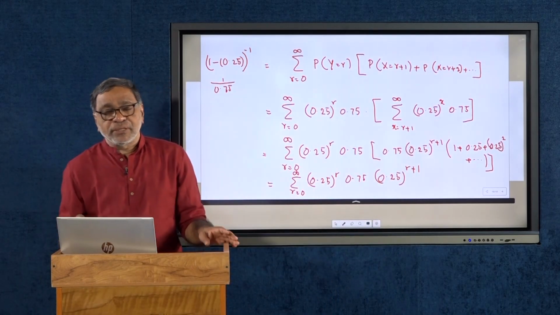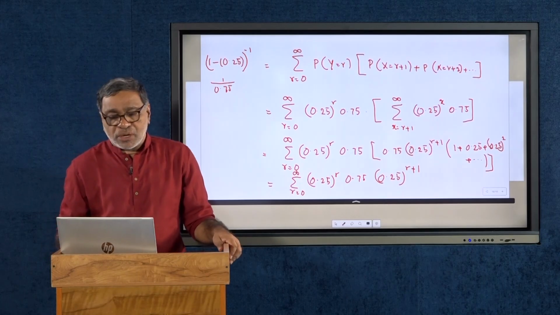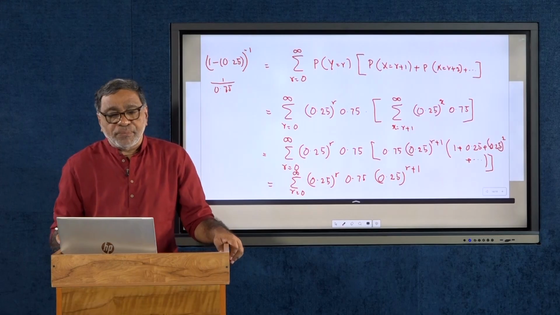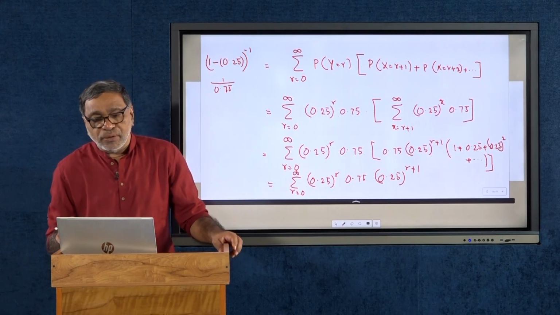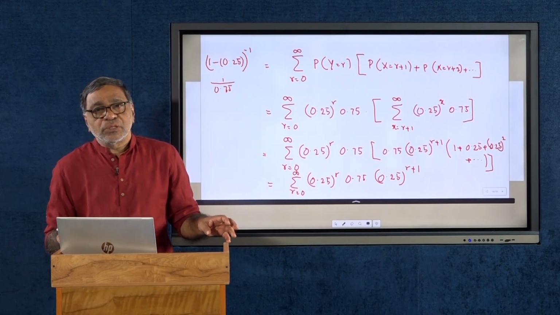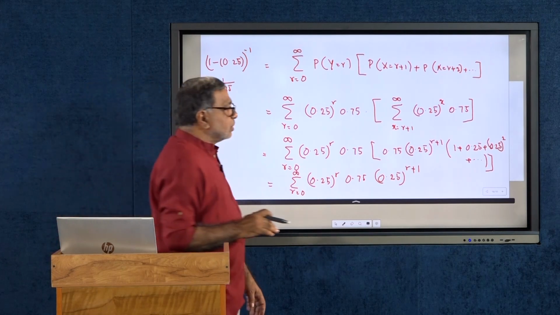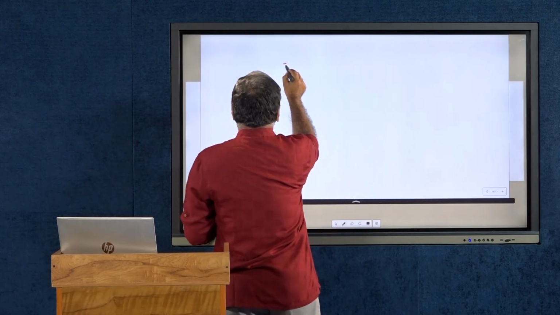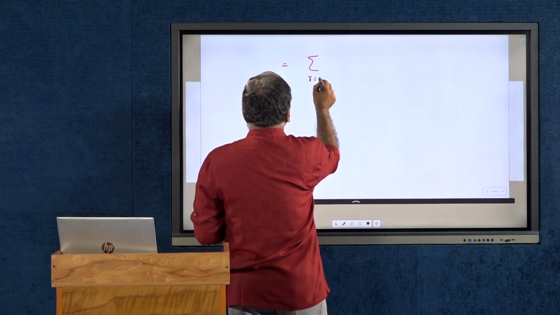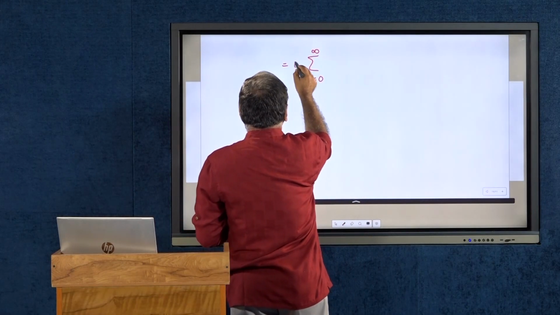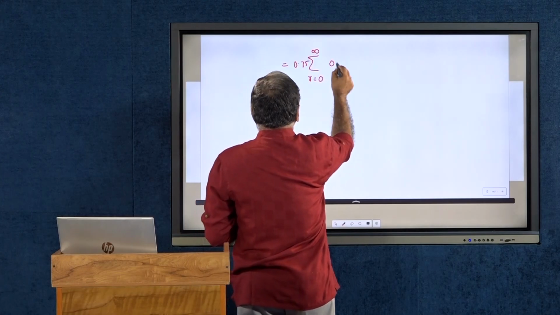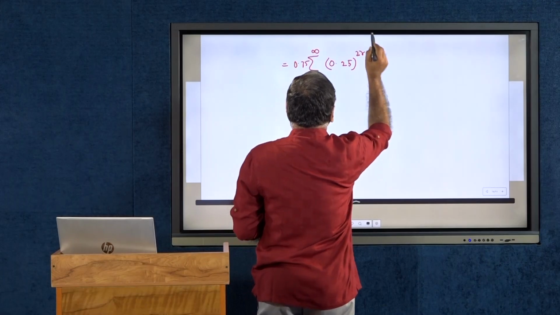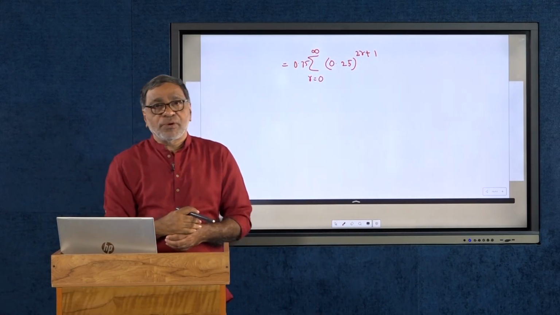This 0.75 cancels with the one in the denominator. So the final expression is the sum over R equal to 0 to infinity of 0.25 to the power R, 0.75, and 0.25 to the power R plus 1, which equals the sum over R equal to 0 to infinity of 0.75 times 0.25 to the power 2R plus 1.